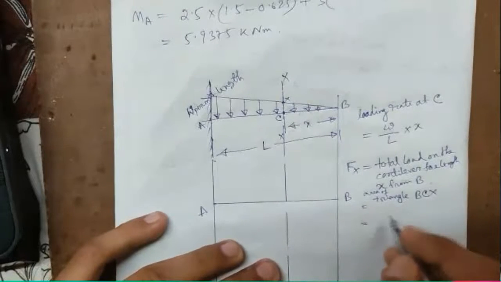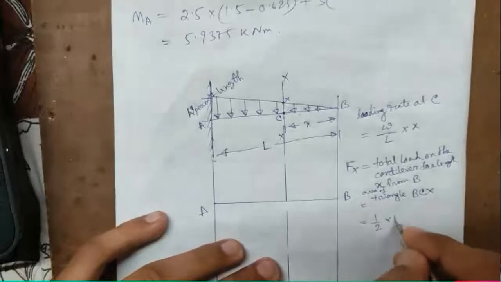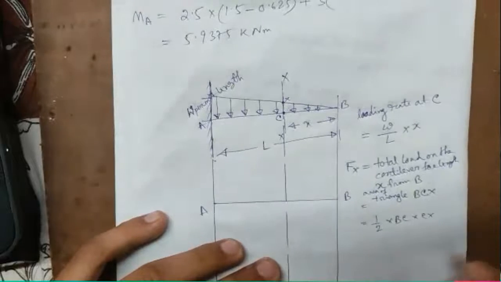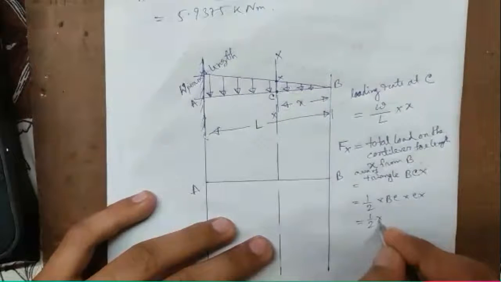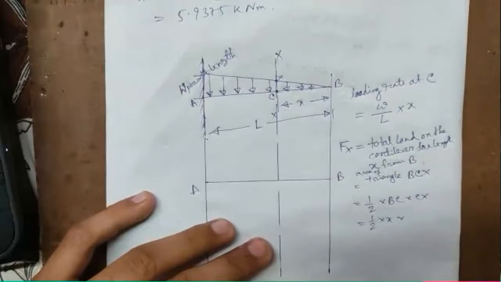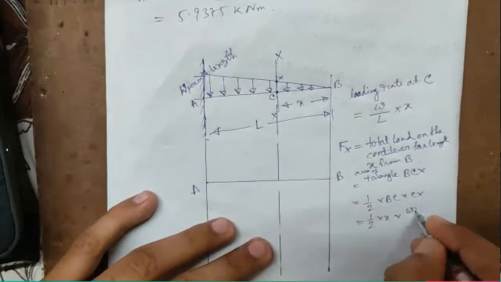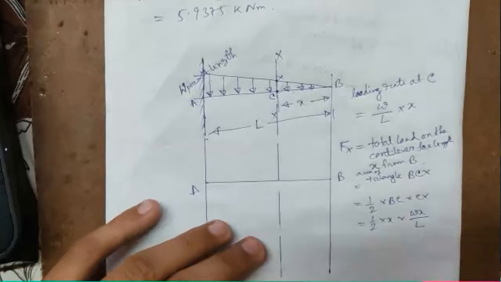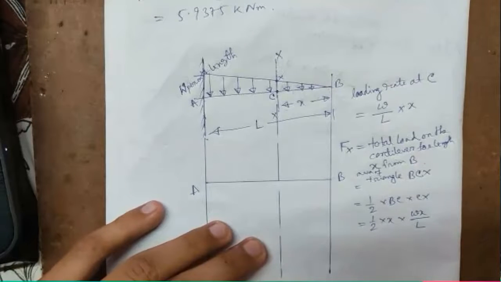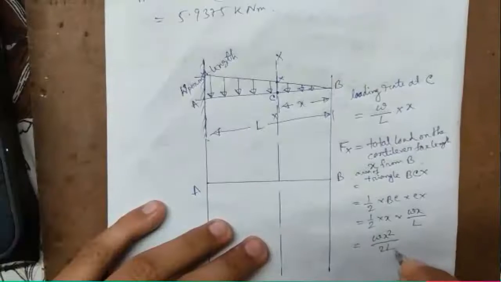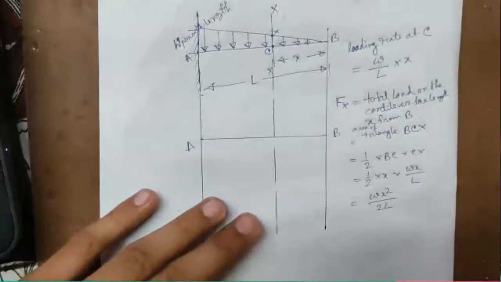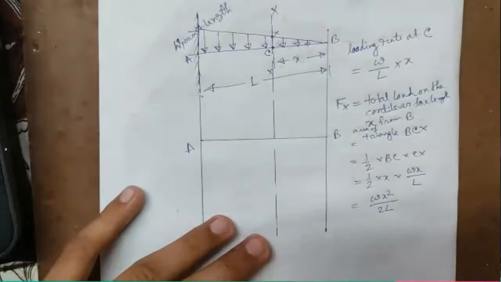So area of the triangle is half into BC into CX, and BC means x and CX means this W into x by L. So it will be W x square by 2L. That is the shear force.